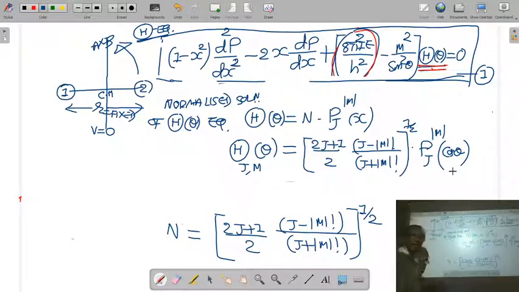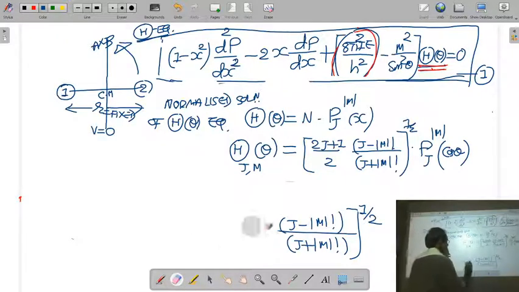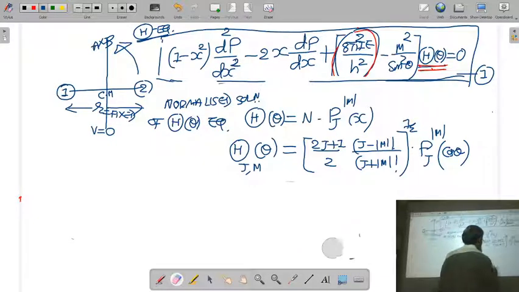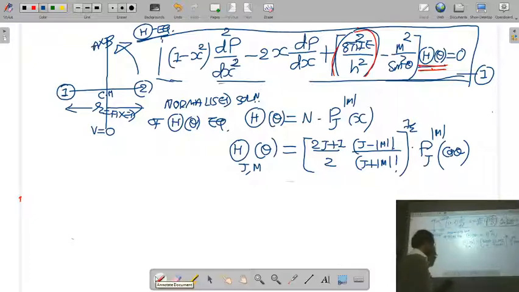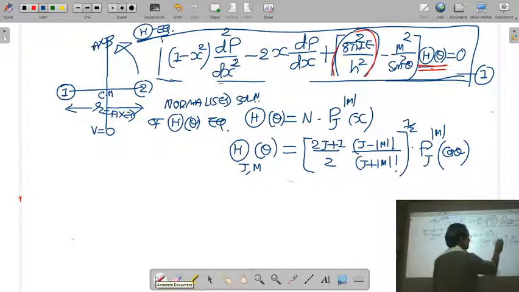And finally I write the total eigenfunction of the rigid rotator. In case of the phi equation, the normalization constant was 1 upon root 2 pi. In case of the theta equation, the normalization constant is 2j plus 1 upon 2, j minus m factorial upon j plus m factorial, raised to 1 by 2.